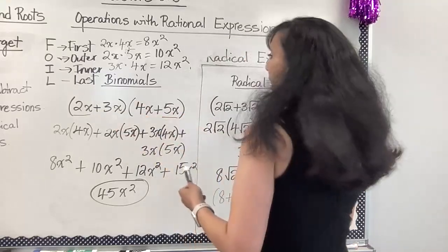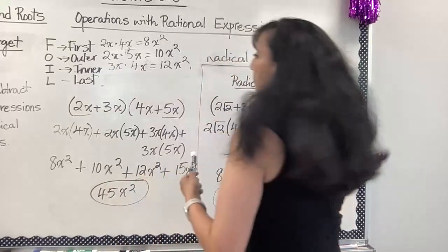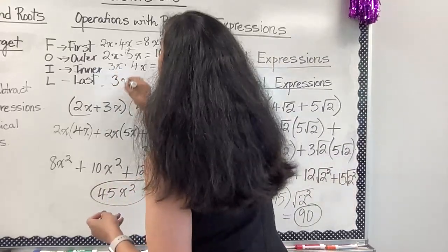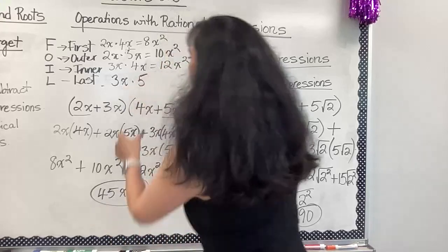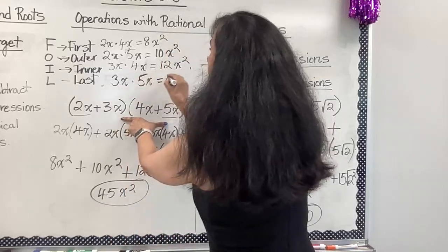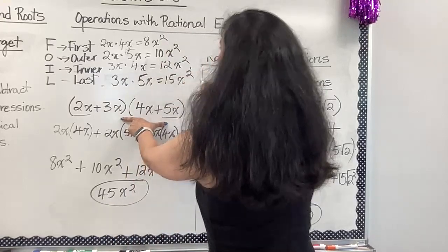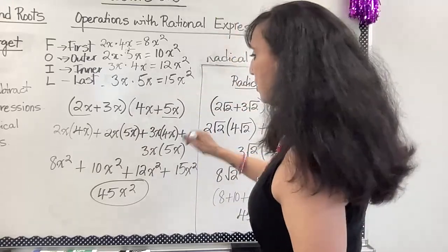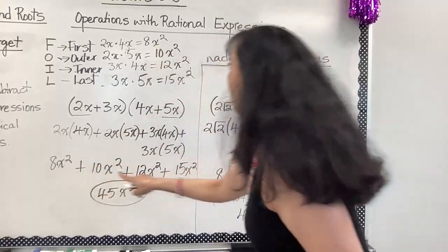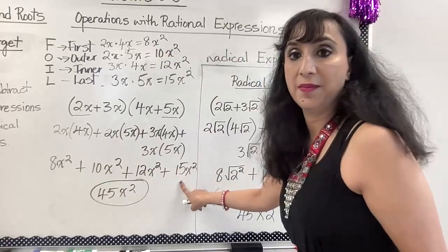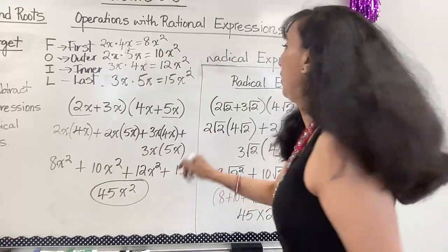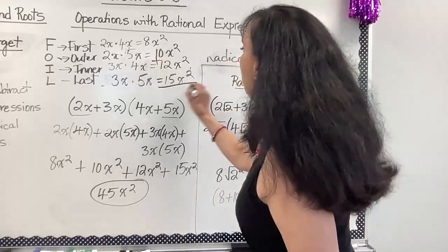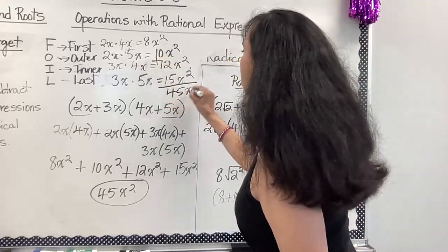So last is 3x times 5x, and that gives me 15x squared. And now when I add all of these, look, same thing, 8, 10, 12, 15. It's the same thing. And so when I add all of these, I'm going to get 45x squared.